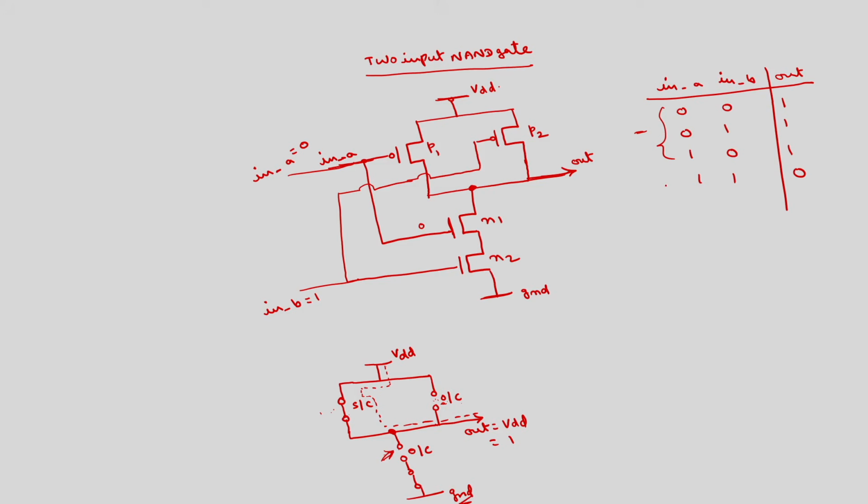And if we take the last case, if both are ones, the equivalent circuit will be like this: both of these PMOS transistors will be off, so here there will be open circuit, whereas both NMOS transistors will be on, they will act as short circuit.